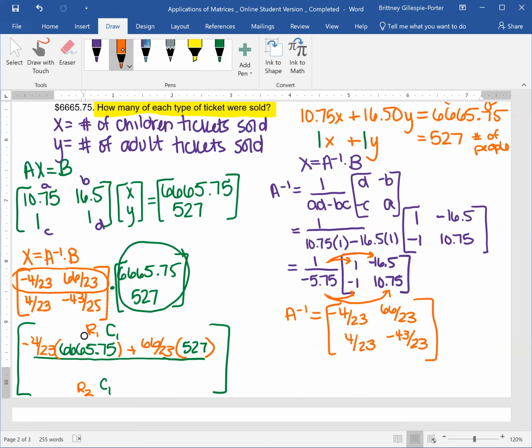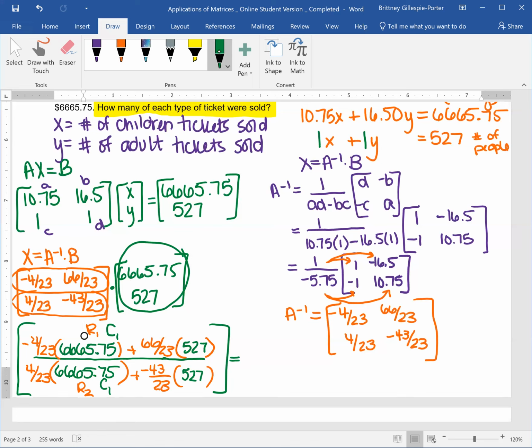And now that I have taken row 1 times our entire first column, we're going to do row 2. So I'm going to have 4 over 23 times the 6,000 and change plus -43 over 23 times our 527.